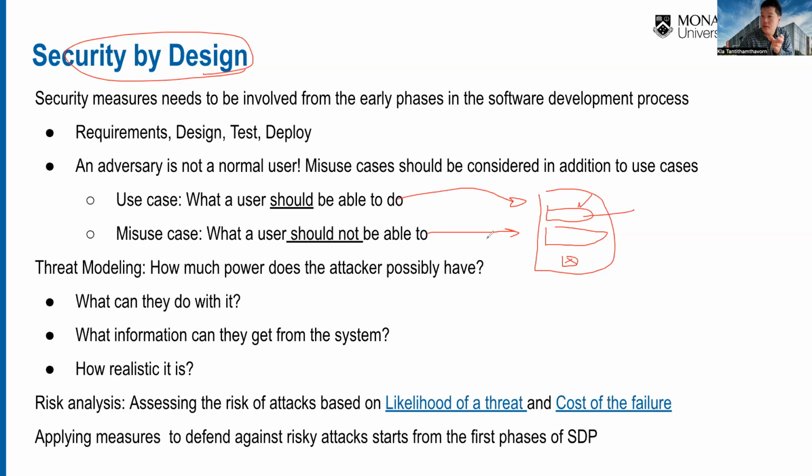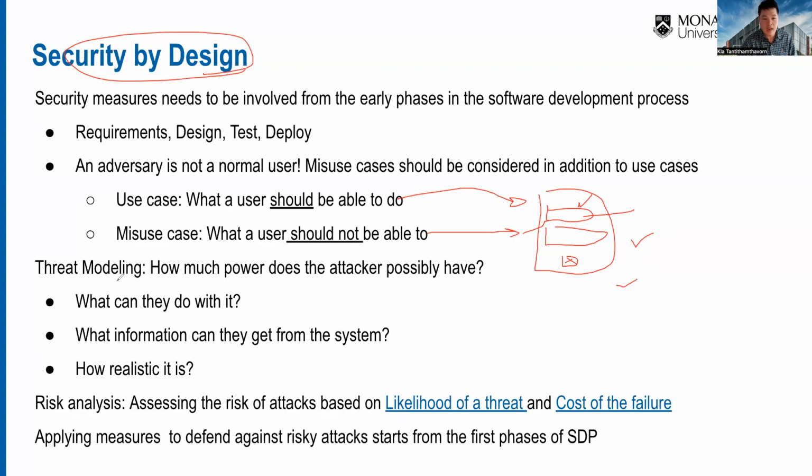What they should not do, they should not execute, let's say, an OS command via the email address. They should not do SQL injection to steal the database, or drop or modify the database for the whole system, that kind of thing, right? So that's why you need to think about what the use case is here and what the misuse case is as well, what they should not do, okay?